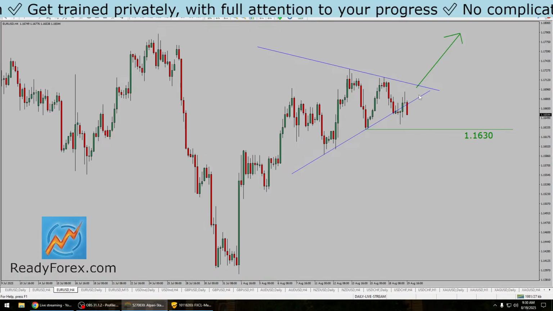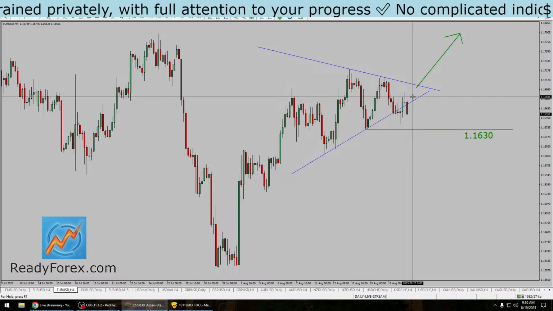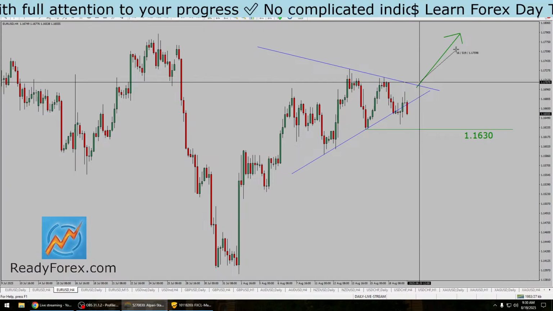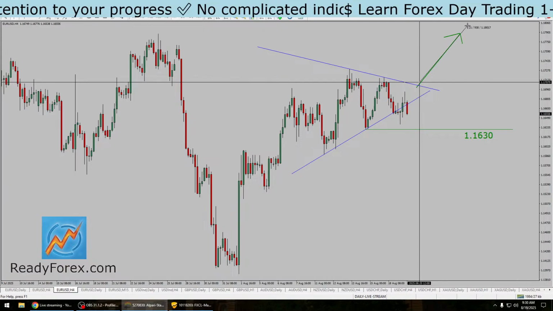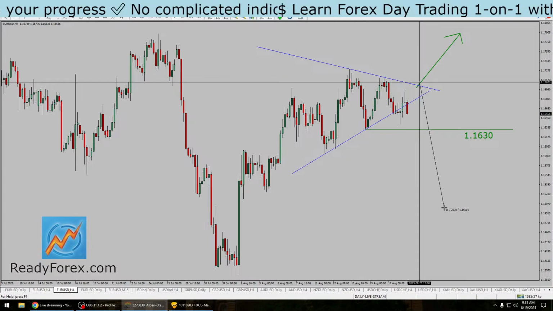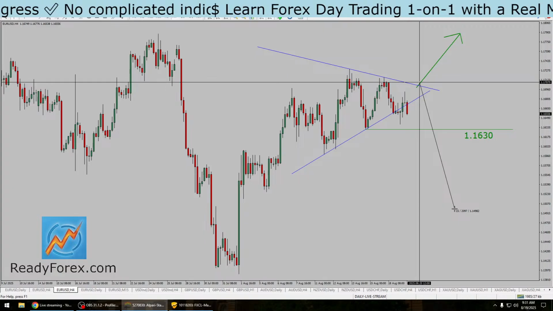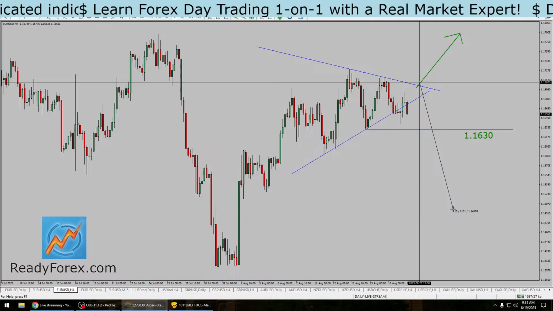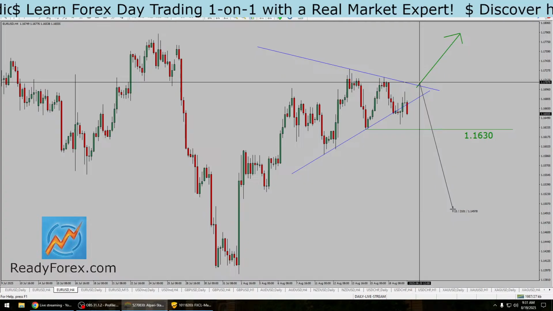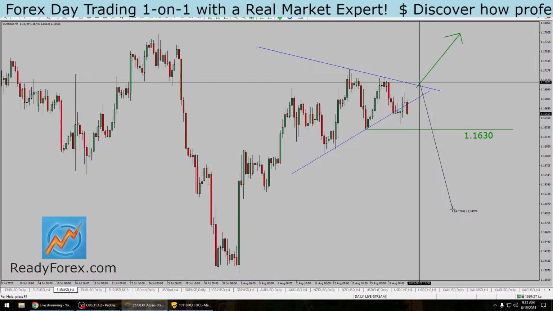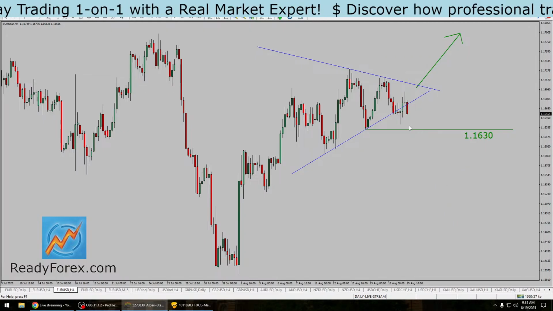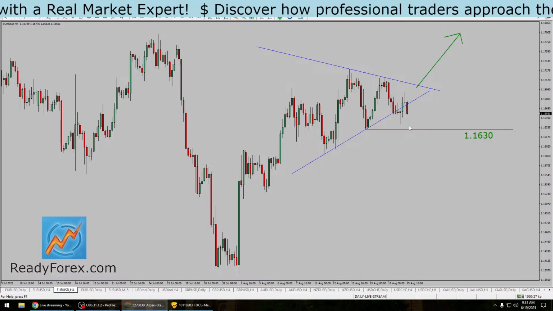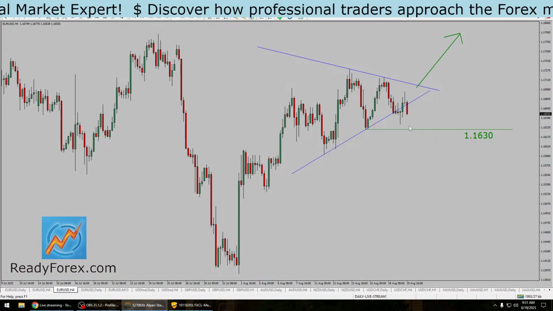Once you do get a bullish breakout to the upside, then there's a high probability that Euro is going to rise further. Otherwise, we might expect a deeper pullback, and price action is probably going to print a corrective wave, maybe an ABC to the downside first, in euro versus US dollar. So this is the support, an important one at the 1.1630 level in euro versus United States dollar.